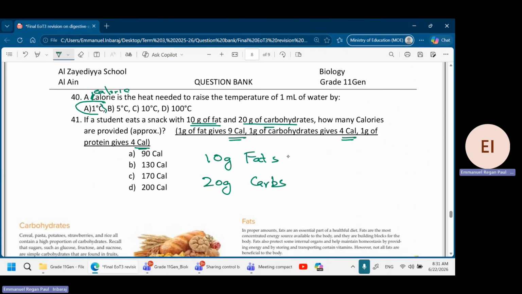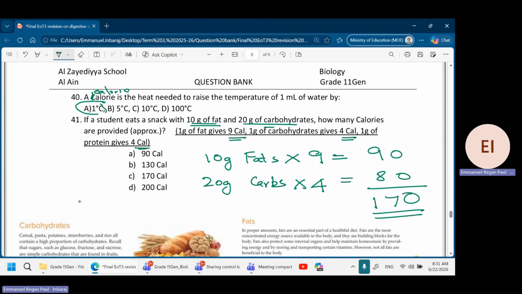So what you have to do, multiply this 10 with 9. And carbs, 1 gram of carb gives 4. So multiply this 20 with 4. So what's going to be there? 10 times 9 will give you 90. 20 times 4 will give you 80. So 170 calories is your answer.